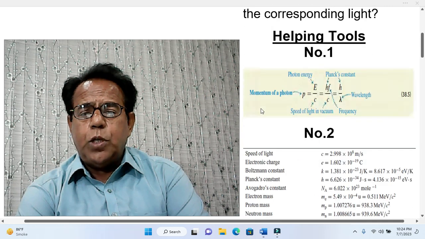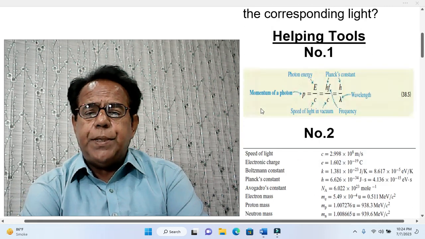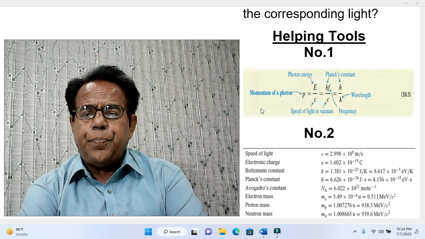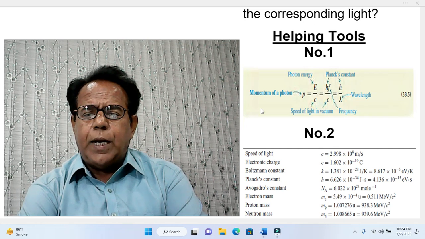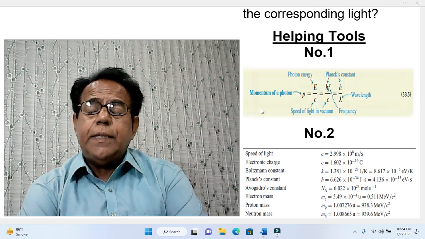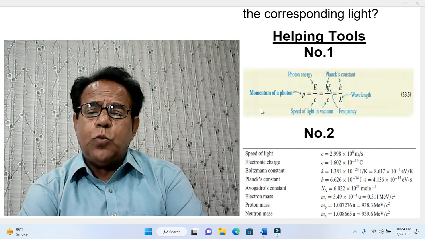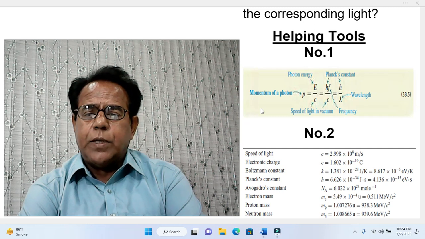First helping tool: momentum of a photon p is equal to photon energy E divided by speed of light in vacuum c. This alternatively becomes equal to hf divided by c, where h is Planck's constant and f is the frequency.